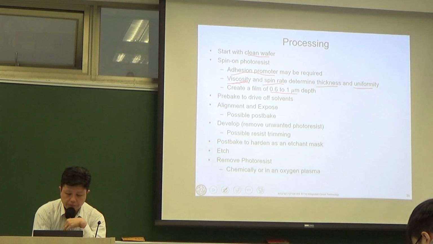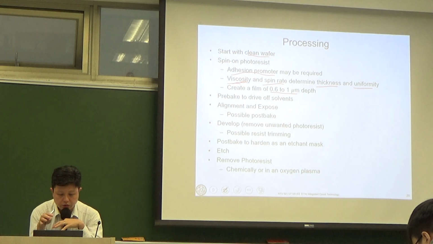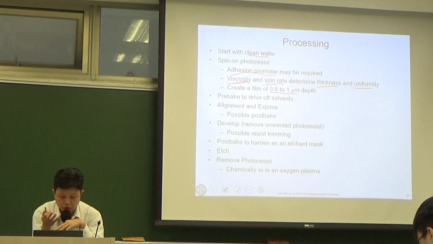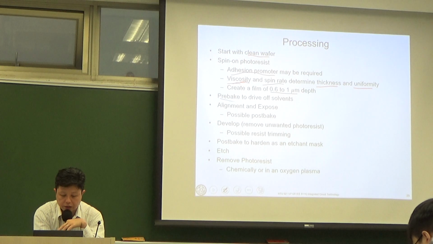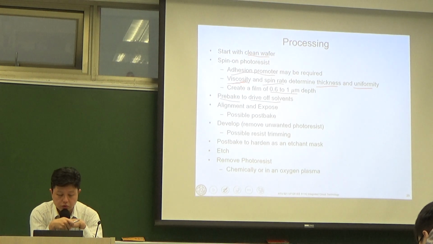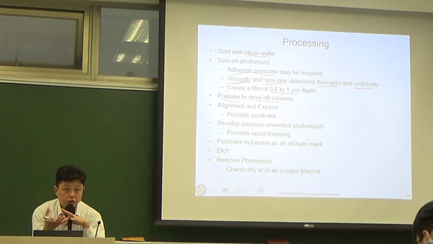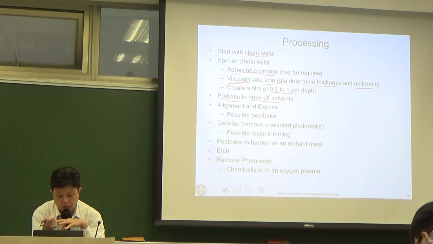And after you spin on this photoresist, we will move it to a heater to do the pre-bake to drive off some solvent. Because photoresist, in order to make it easy for us to spin coat on the wafers, we will add some solvent. Okay.